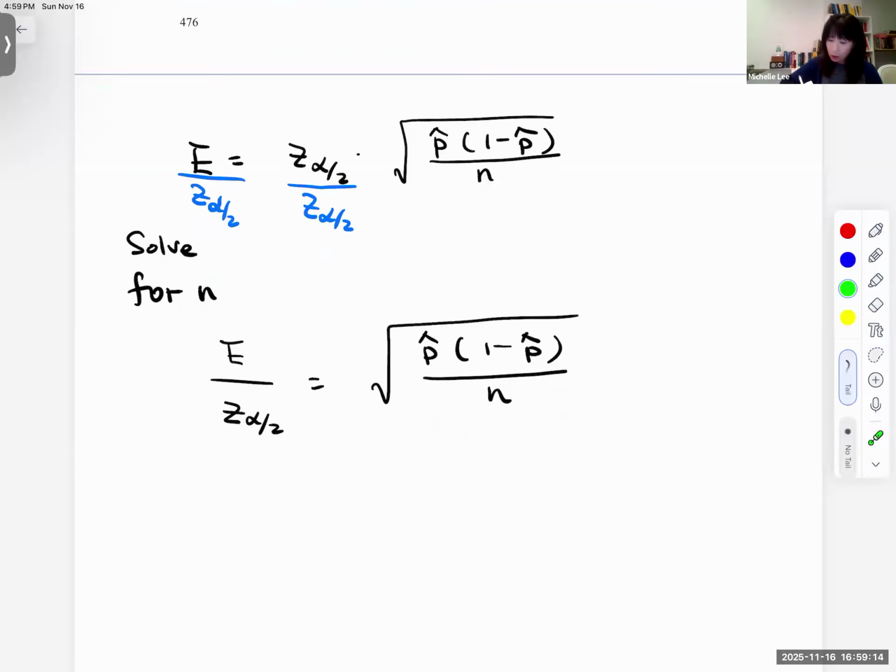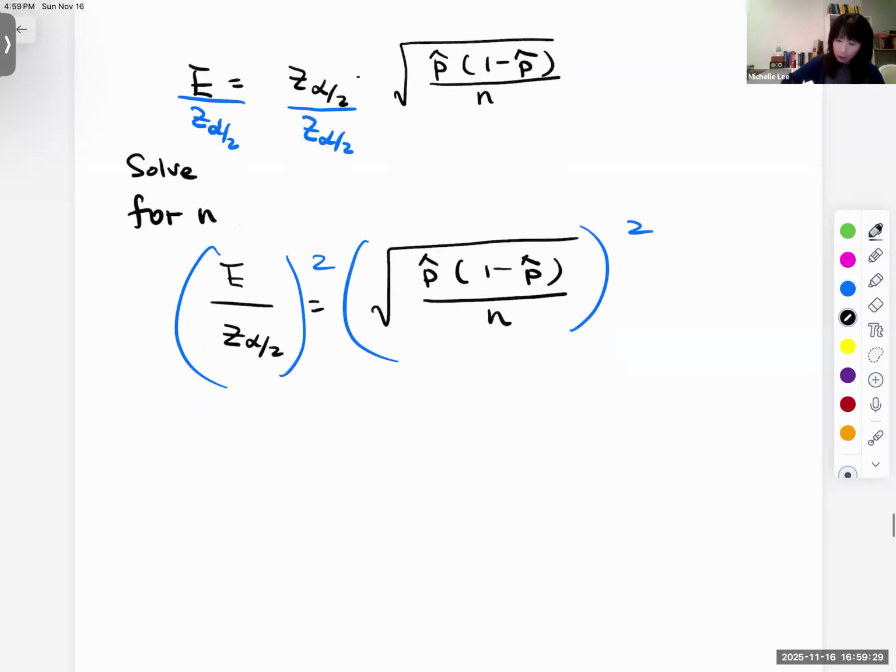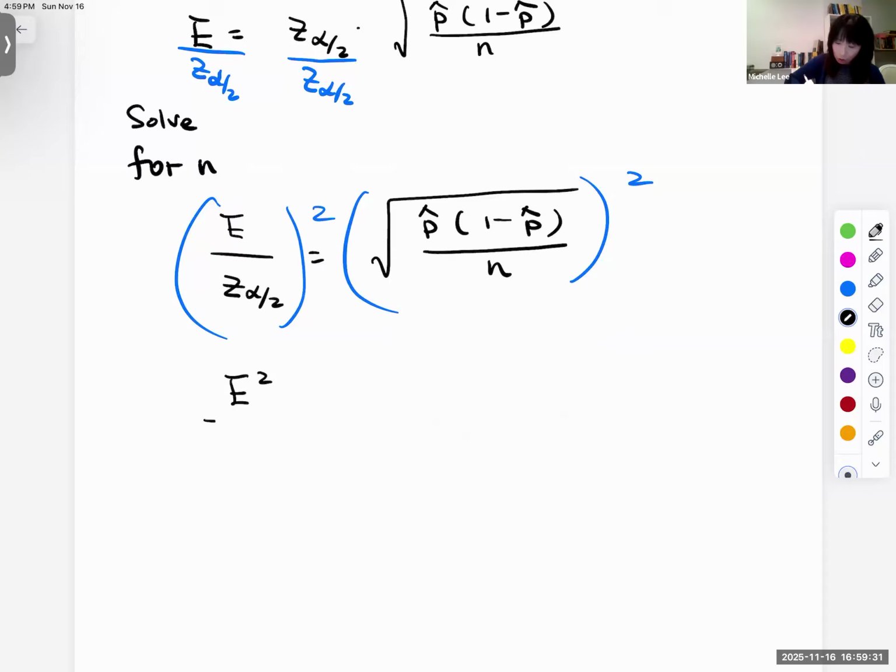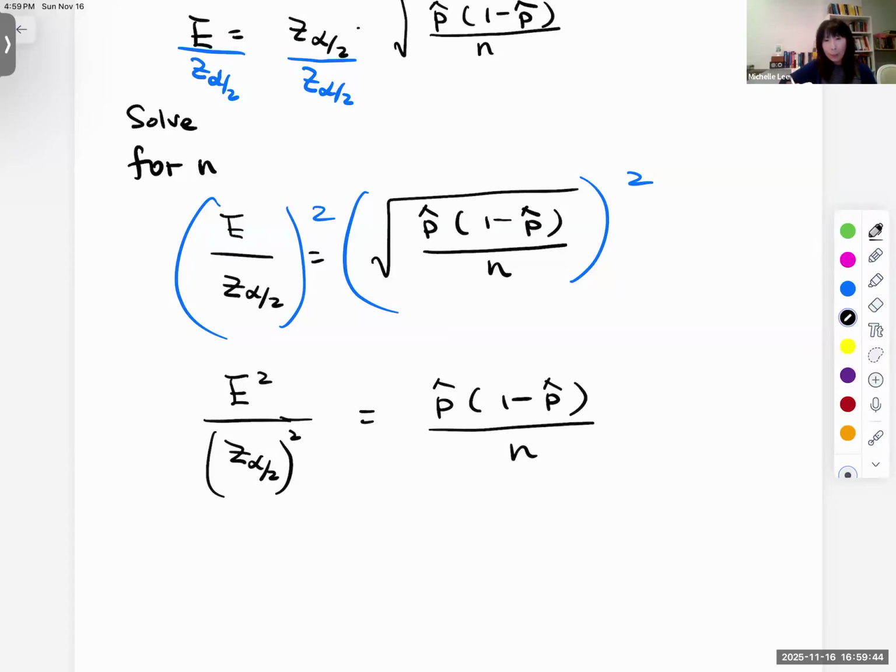How do we get rid of the square root? Square both sides, very good. So then we have E squared over z sub alpha over 2 squared, and on the right side, p hat, 1 minus p hat, over n, yeah?